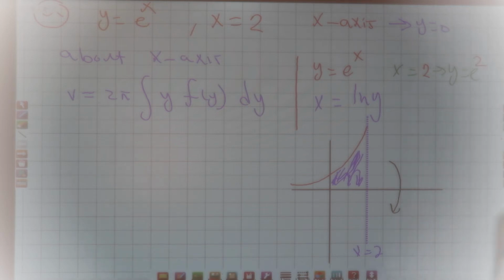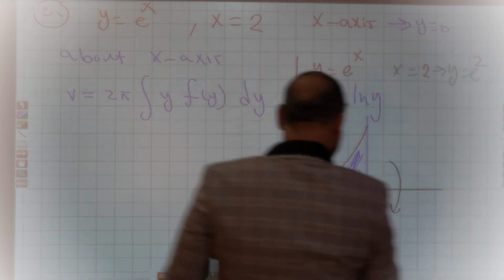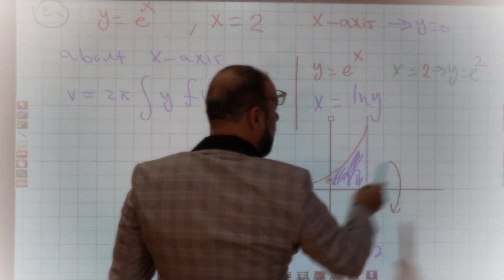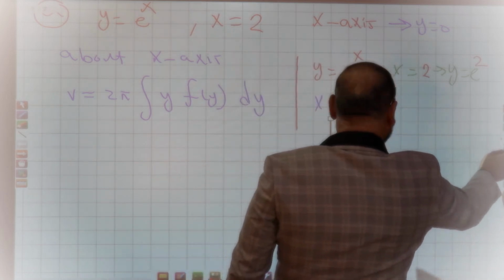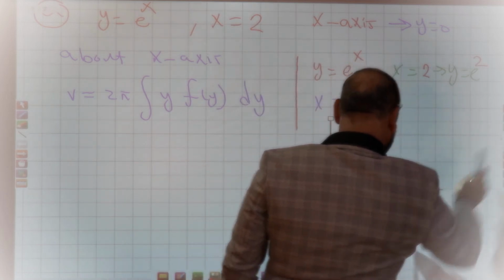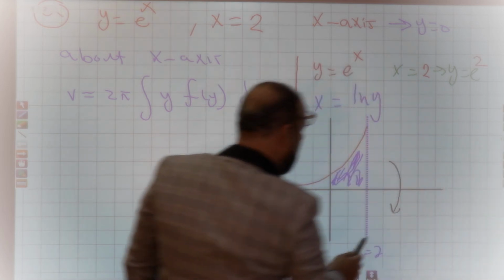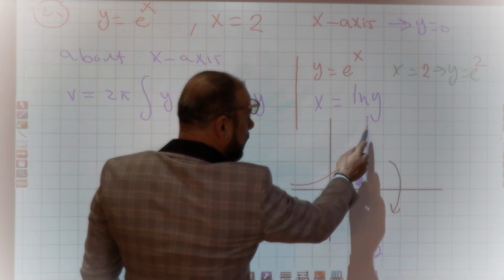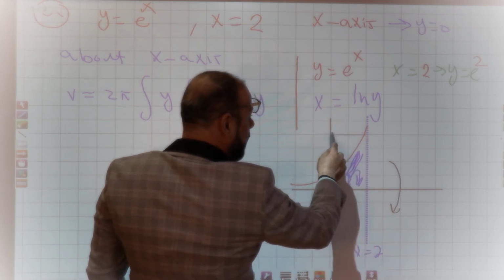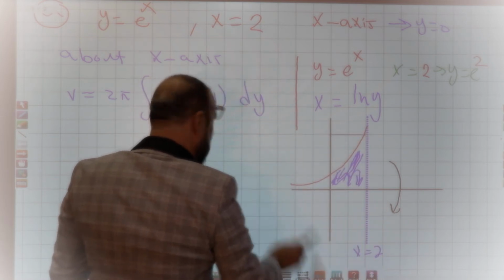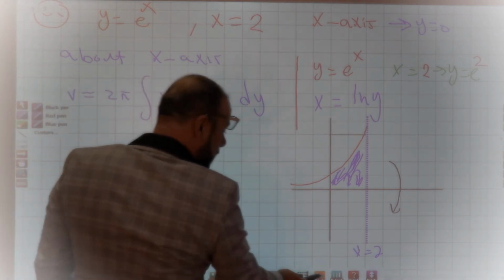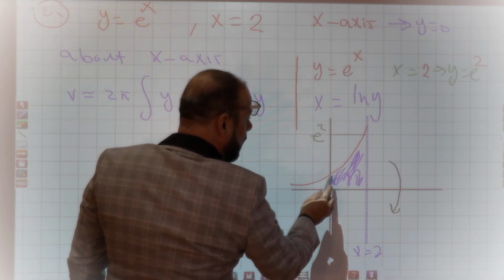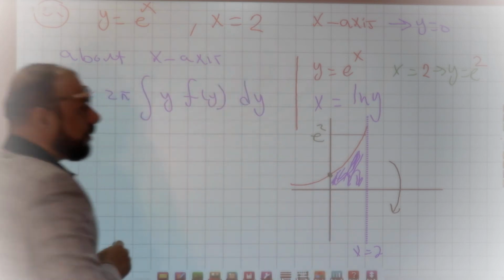Then my values of y here, this is the 2, and this is e squared, and this is here what?